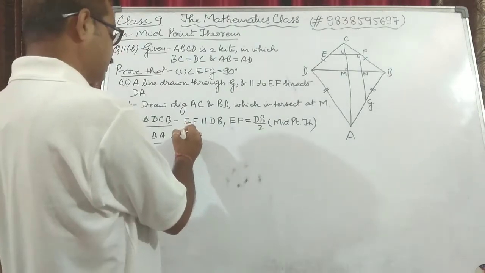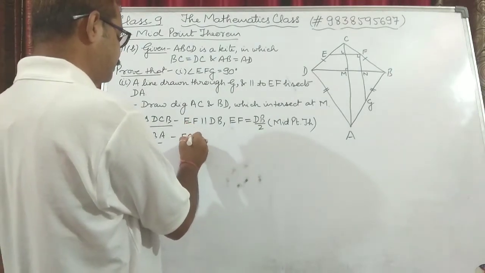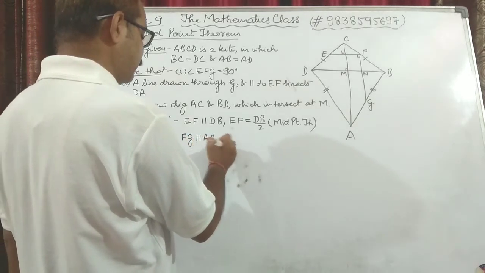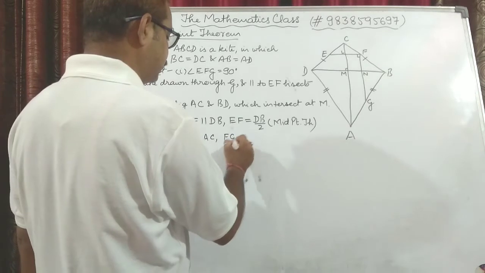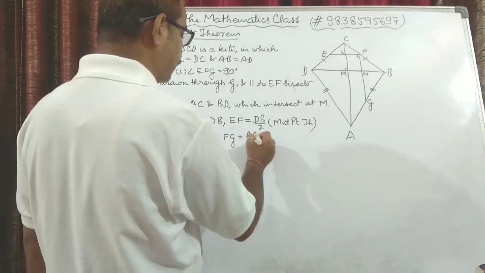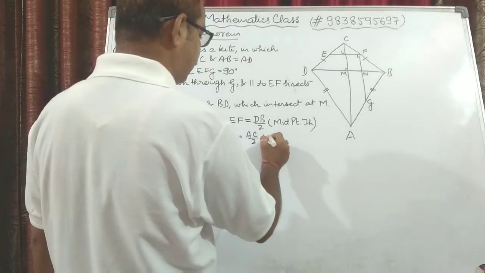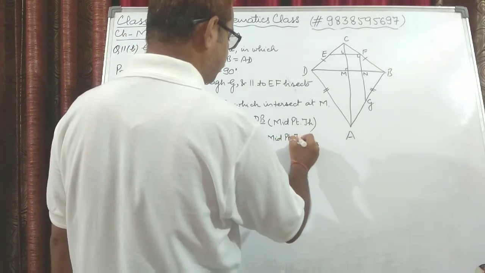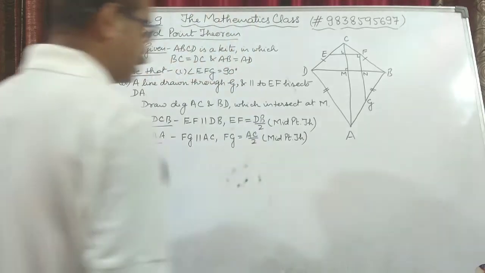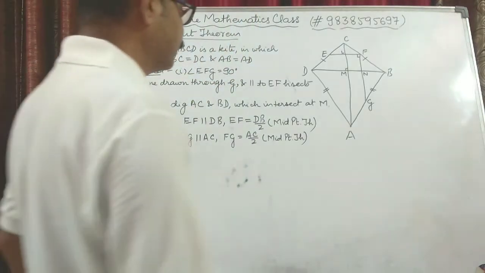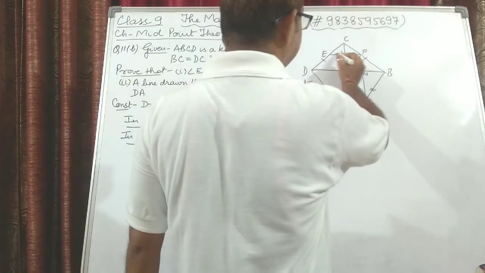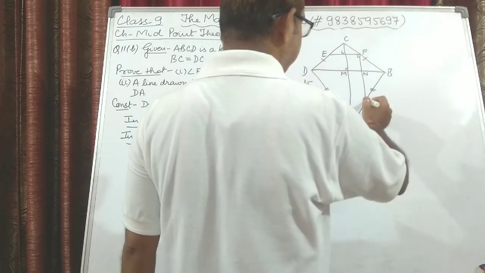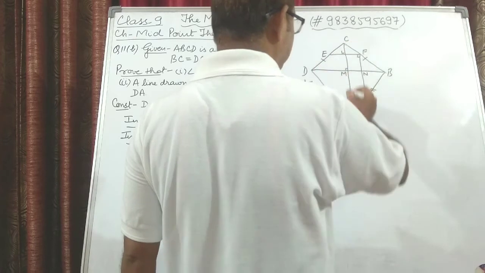Means again we can say that FG is parallel to AC and FG is equal to half of AC, and the reason is midpoint theorem.